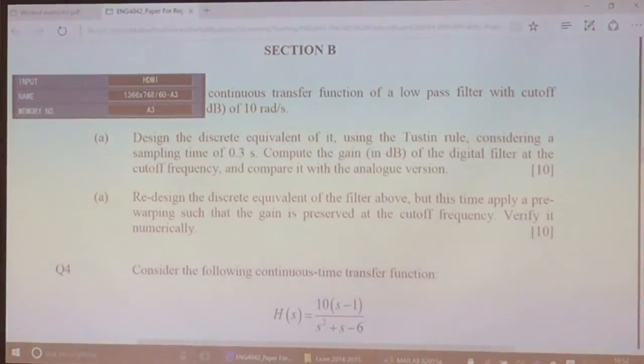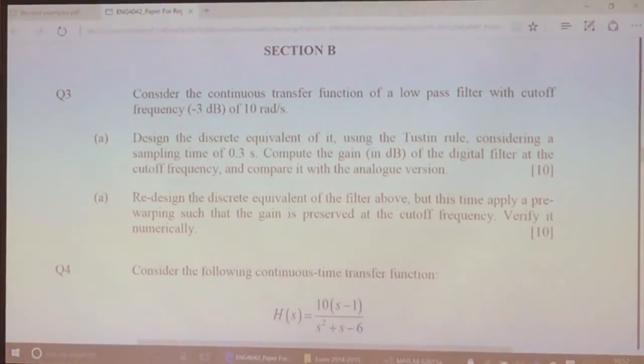So what can we do about this? Well, we can go to point B of the exercise. Here clearly there is a typo because it says twice point A. And it says redesign the discrete equivalent of the filter above, but this time apply a pre-warping such that the gain is preserved at the cutoff frequency.